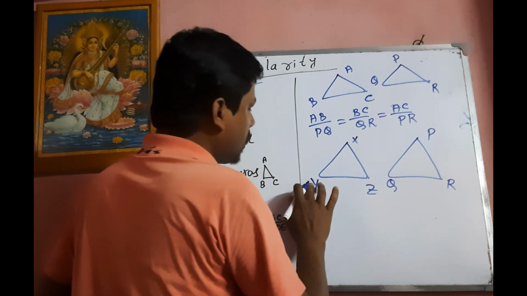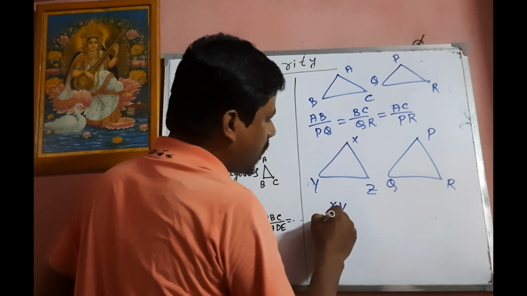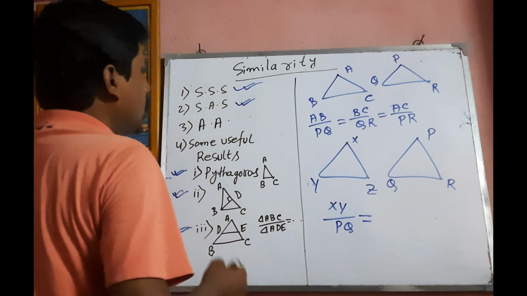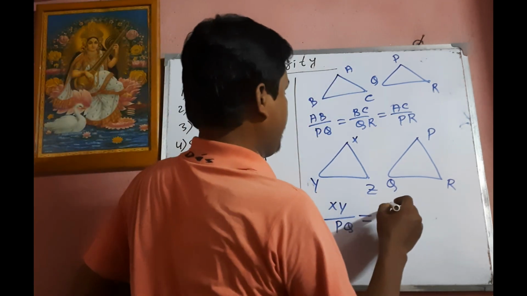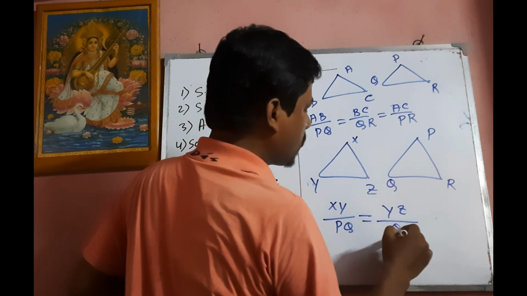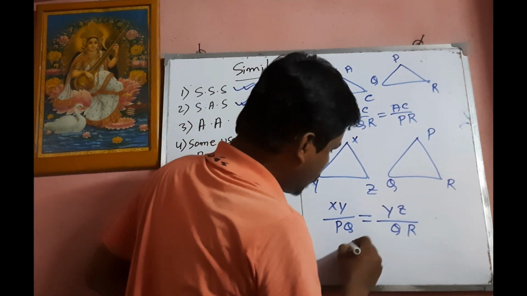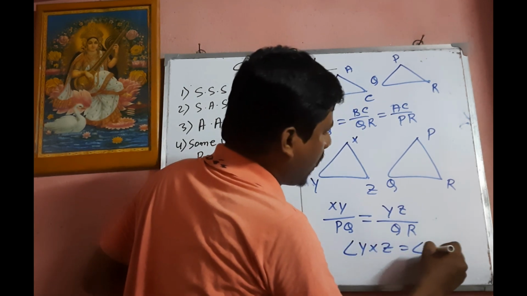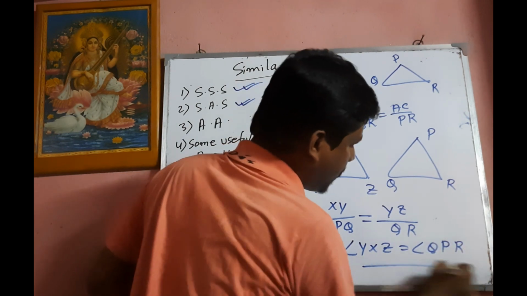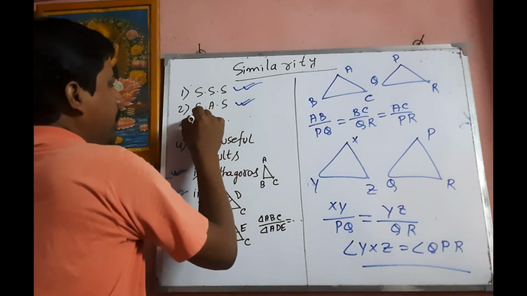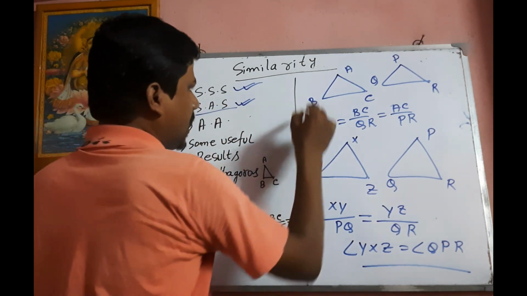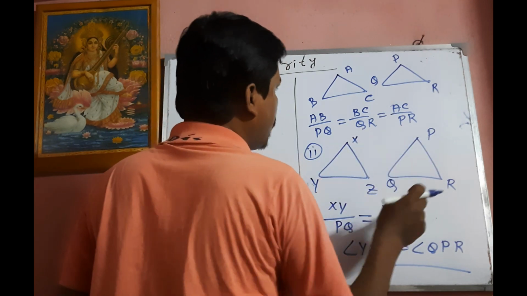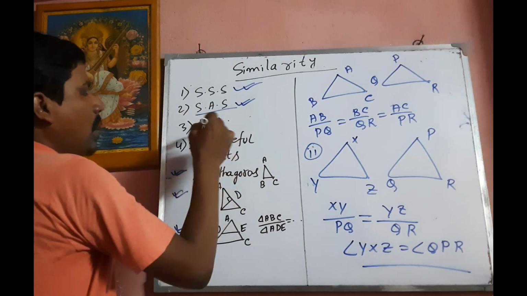In this section, suppose two sides, XY divided by PQ is equal to YZ by QR, and the angle YXZ is equal to angle QPR. Then by the property of SAS we can say these two triangles, XYZ and PQR, are similar triangles.